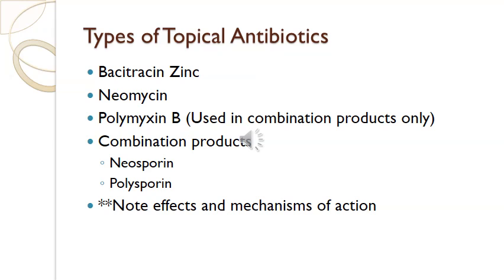They have multiple antibiotics. Sometimes in generic form you'll just see triple antibiotic, and again, that's just the different types of antibiotics that are combined. Again, it just kind of helps with working on a range of bacteria that could possibly be present in wounds. And again, just note the mechanisms of action, which were discussed earlier with the topicals.